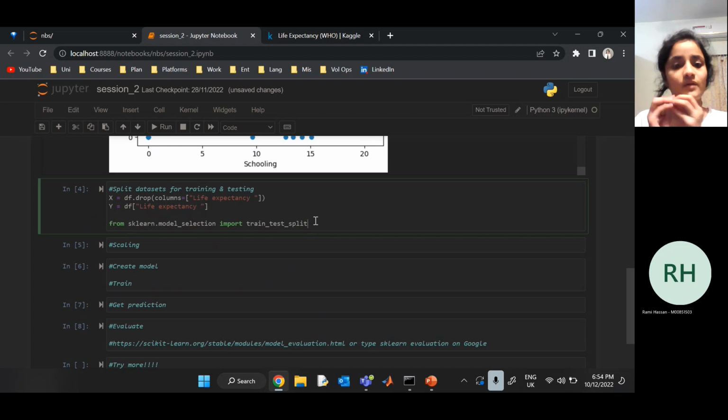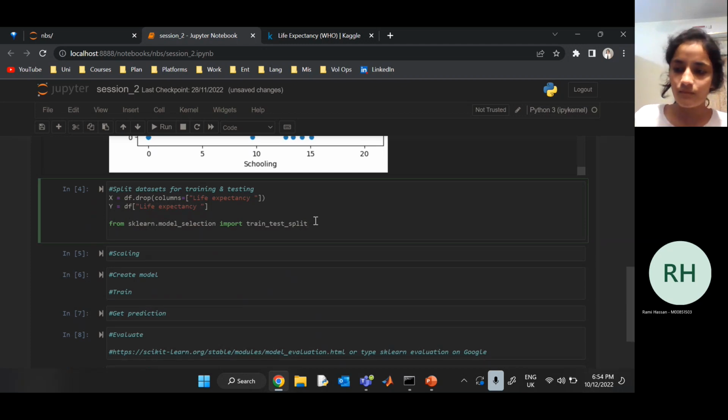So we're importing that one function. Okay, so I'm going to divide it into X train, X test. I'm just giving names, okay? Because we need to assign it to 4 different variables. So Y train, Y test, because our function is going to return 4 of these different things.